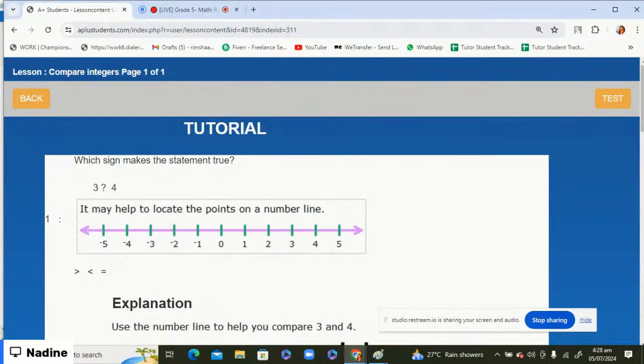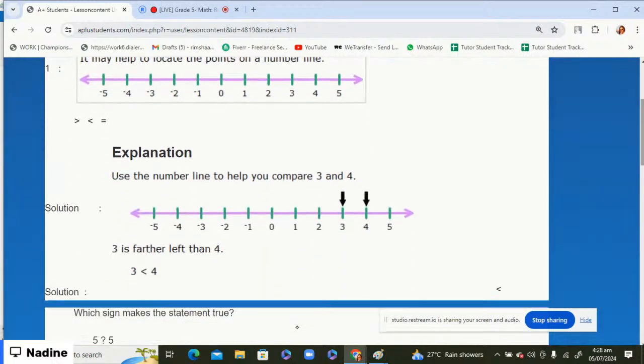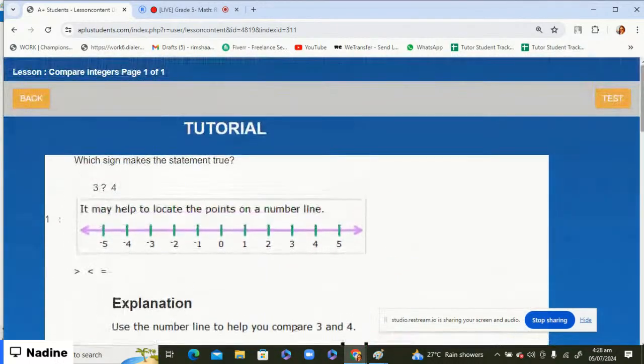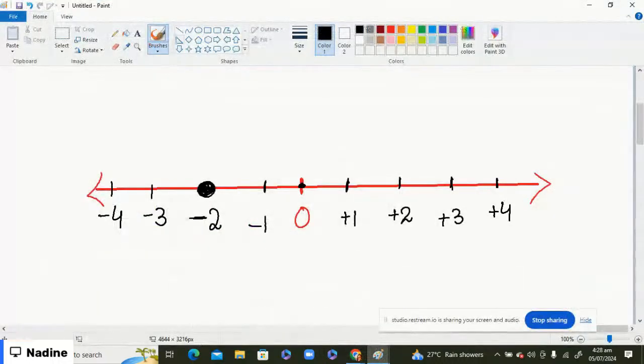So here, which sign makes the statement true for 3, 4? Where is 3 and where is 4? Let's check. There is 3, there is 4. Both are positive. Okay, both are basically positive, like 3 and 4. Here is 3 and here is 4. If you put this sign, it means 3 is greater than 4.